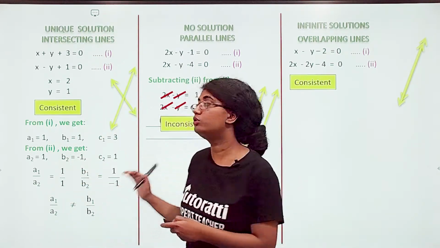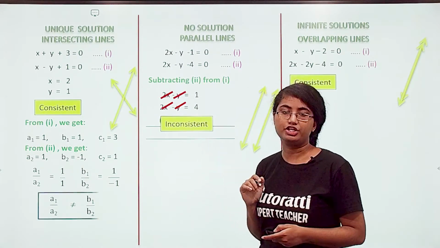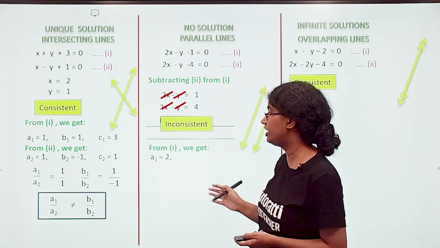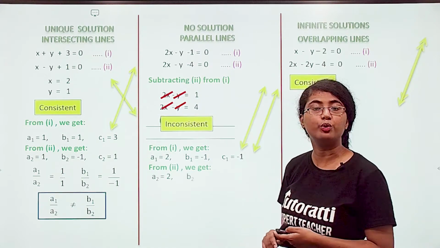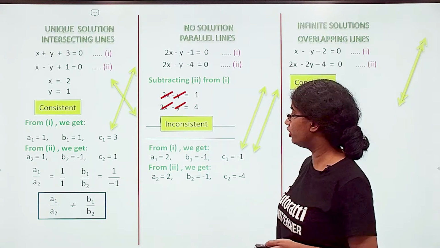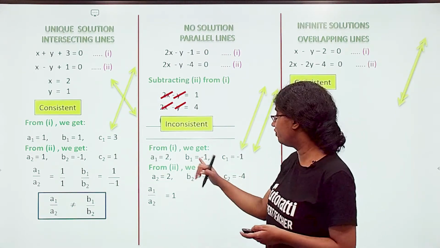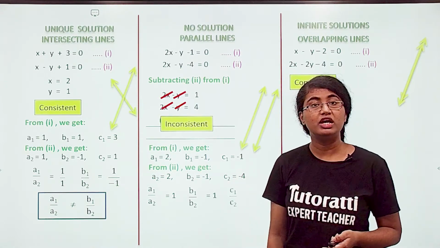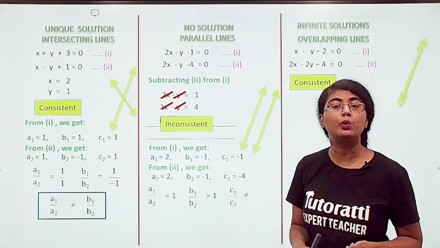Now moving on to the inconsistent nature. Again compare with the standard form, obtain a1, b1 and c1, and from equation 2, a2, b2 and c2. Now see here, a1 upon a2 is 1, b1 upon b2 is also 1, but c1 upon c2 is what? 1 upon 4, which means it is not equal to 1.